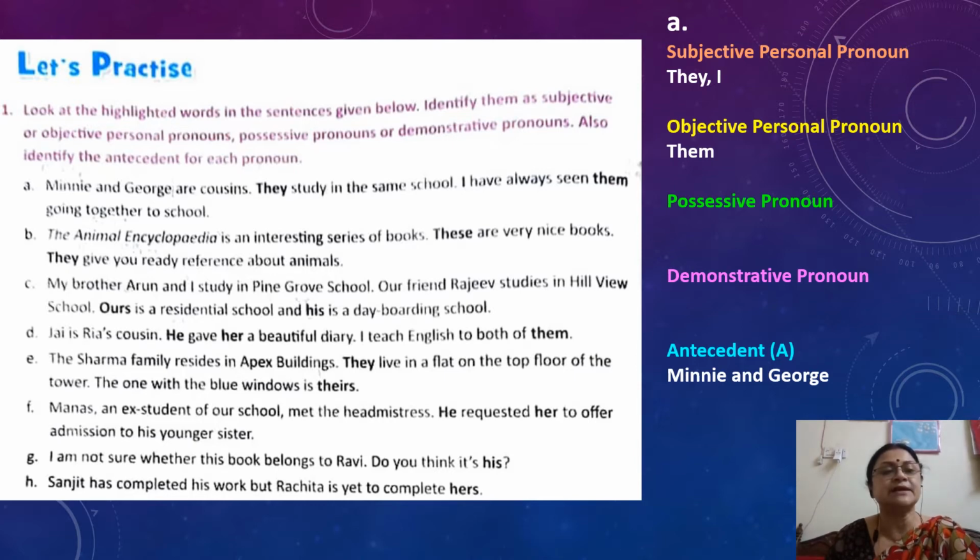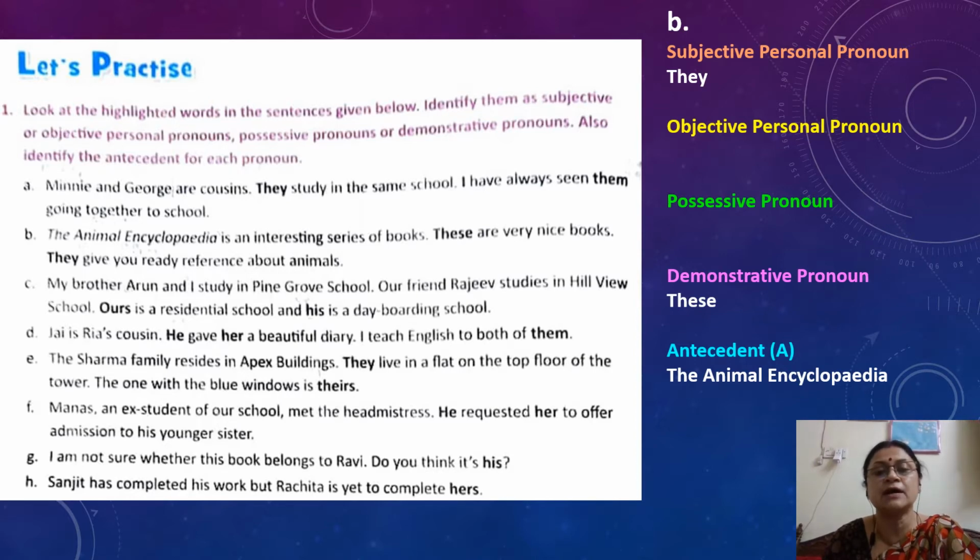The next sentence is: The Animal Encyclopedia is an interesting series of books. These are very nice books. They give you ready reference about animals. Here the highlighted pronouns are these and they. In the second sentence, these is a demonstrative word, and here it is a demonstrative pronoun.